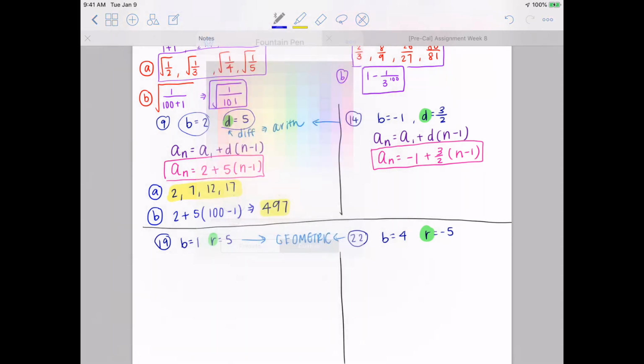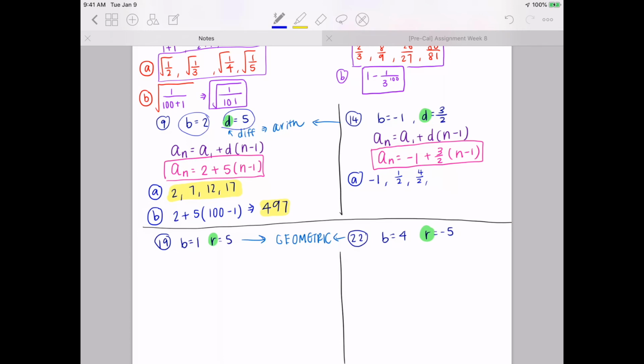Okay, so the next question, we already have the formula. Our first term is negative 1. And if my negative 1, we're going to be adding 3/2 to it, it's going to be 1/2. Okay? Add another 3/2 to it is going to be 4 over 2, which is really going to be 2. Okay?